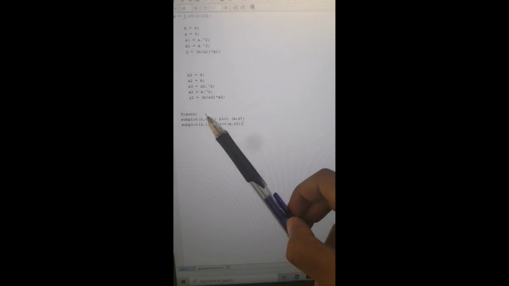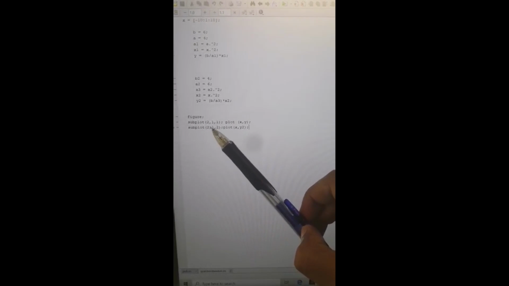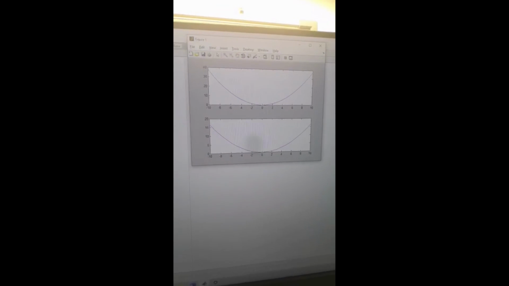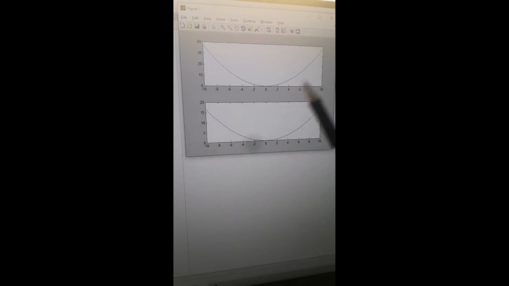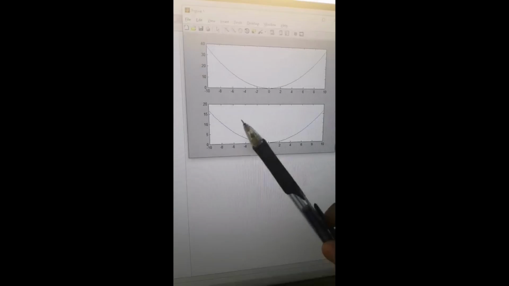After keying in the plot, we use the figure code to generate two plots using subplot. We run the simulation, and we find that if b is greater than a, it becomes narrower than when a is greater than b.